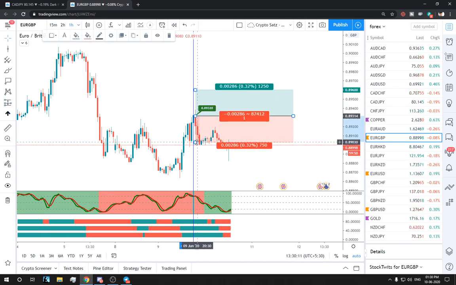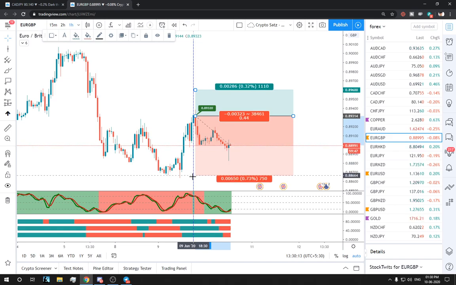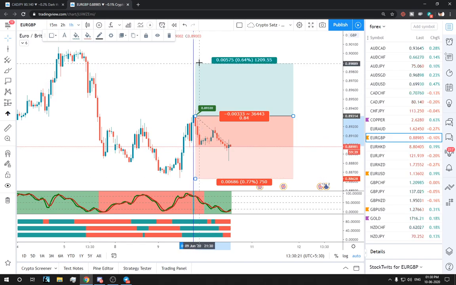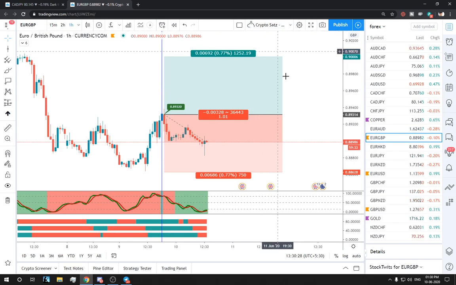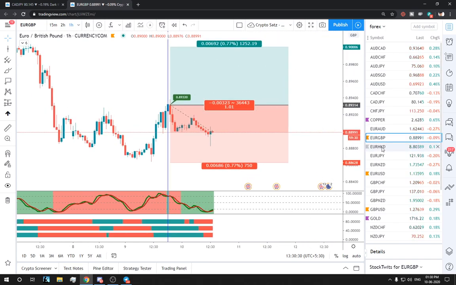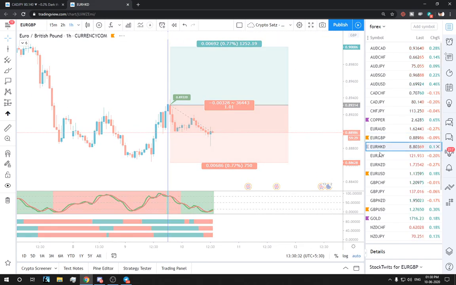Now my signal is a signal, so the previous structure's low. There you go, 1-to-1 ratio. So this trade is still open, so we'll come back tomorrow to see how this went.